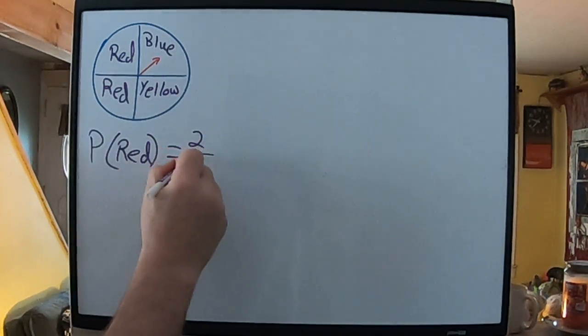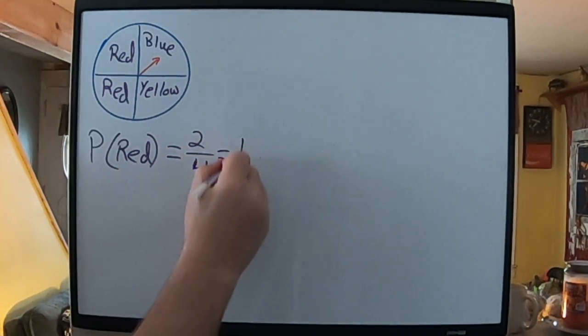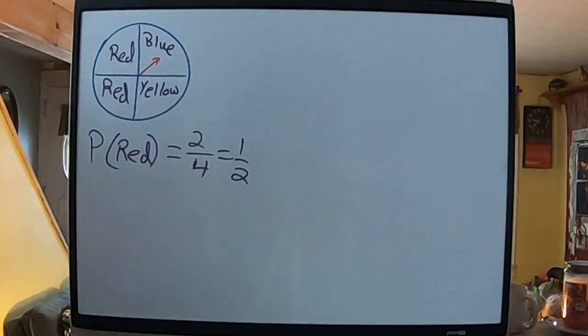All right, so if those are possible options, what's the probability of ending up on red? Well, assuming all the spaces are even, which we'll have to, then there are 2 red out of 4 possible options, so 1/2. The probability of yellow.